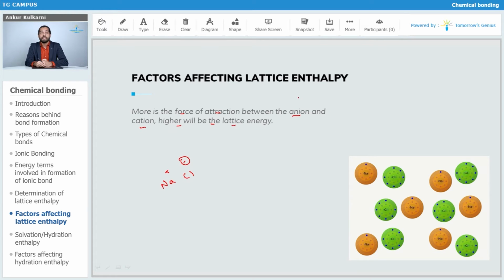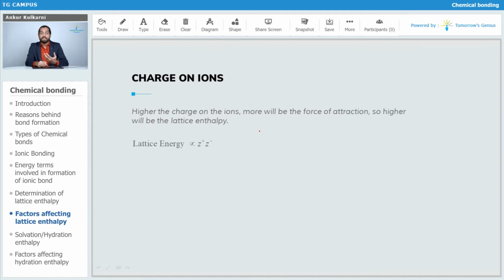We can say that the more the force of attraction between two ions, that is your cations and anions, the more is your lattice enthalpy, correct? That was your lattice enthalpy first factor. Now similarly, if the charge on the ion is higher, more will be the force of attraction, no doubt in this sentence.